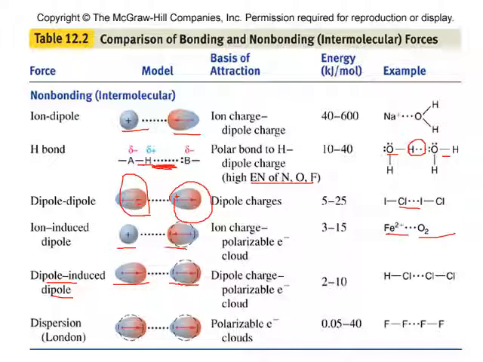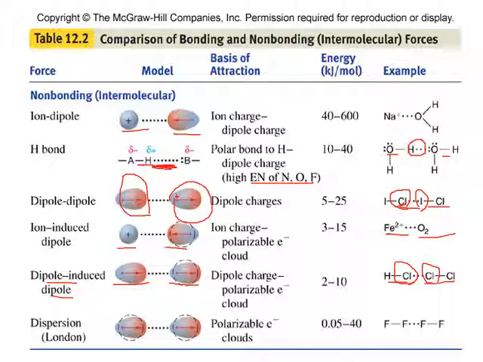For example, this one HCl and ClCl. This one is just between ICl and ICl. Induced dipole-induced dipole is this one, producing a dipole with the Cl, coming back with the Cl. But this one, the dipole of the Cl induces another dipole. Different dipole.